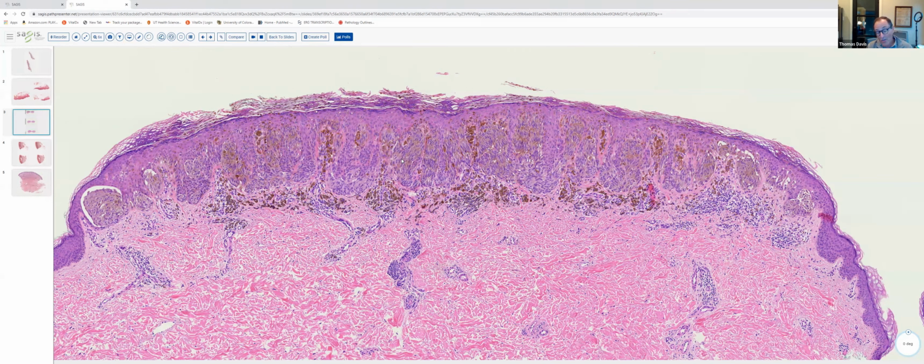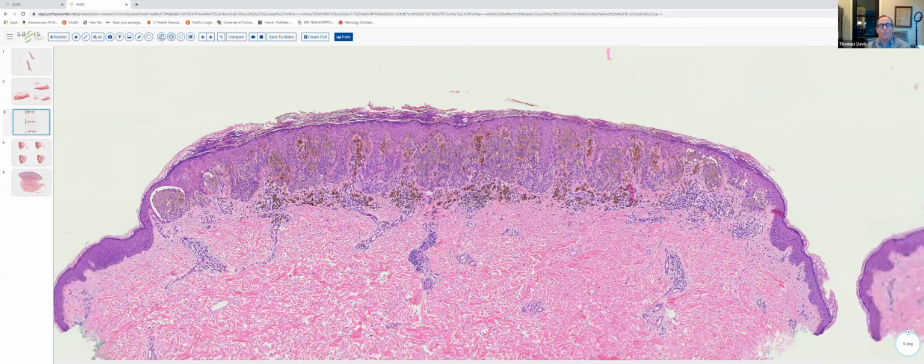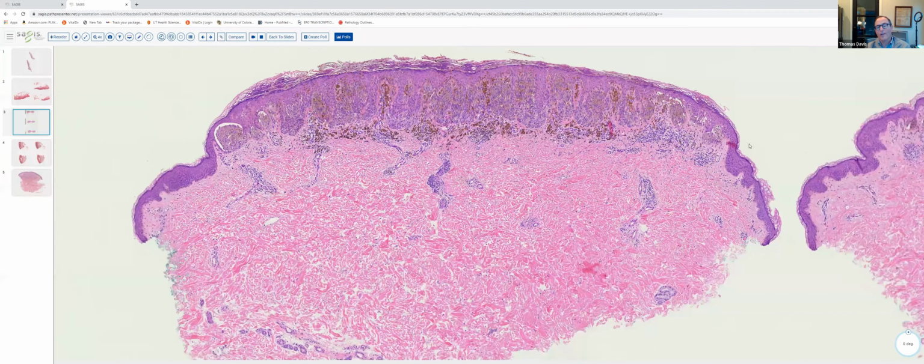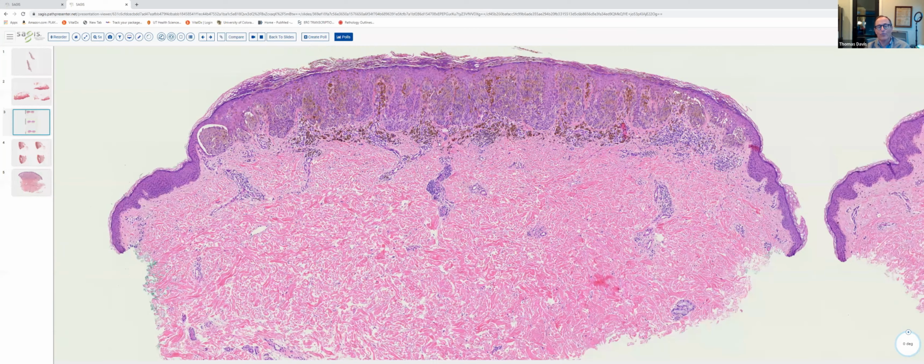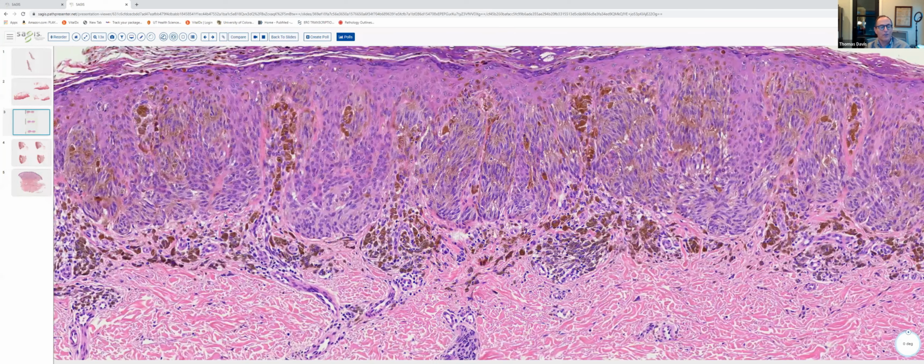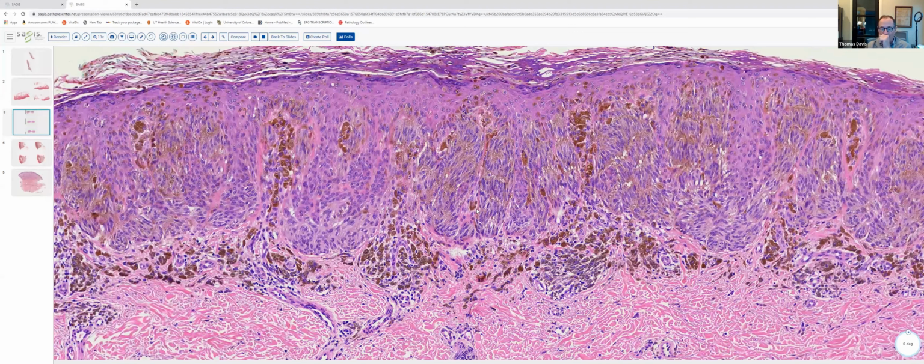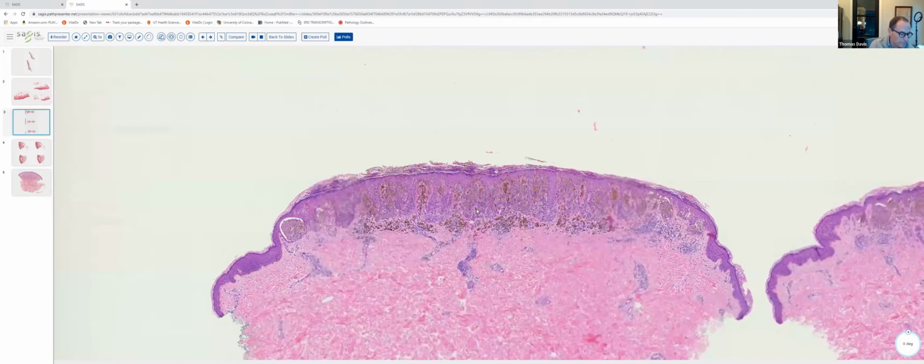One might consider the possibility of a spindled or pigmented melanoma, but this lesion has such benign architectural attributes. Most melanomas are going to be broader. They're not going to be this symmetric. They are certainly typically not this sharply circumscribed, and they would exhibit a greater degree of cytologic atypia of the melanocytes than one sees in this lesion.